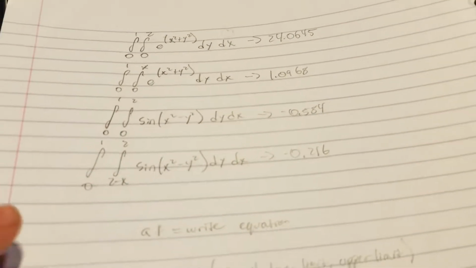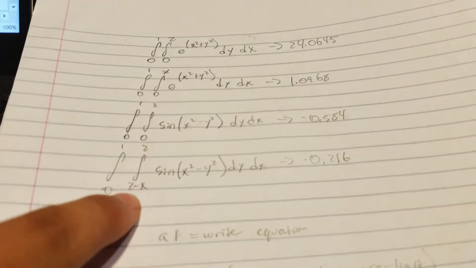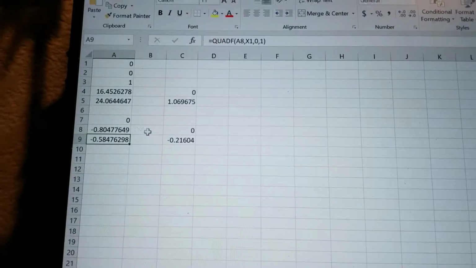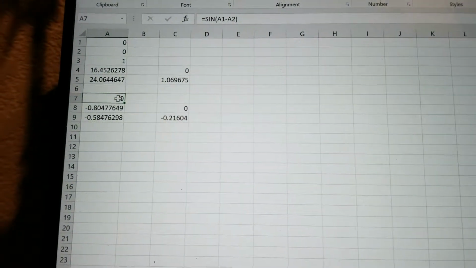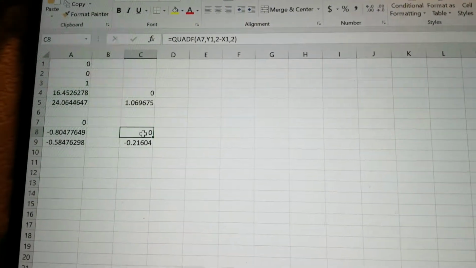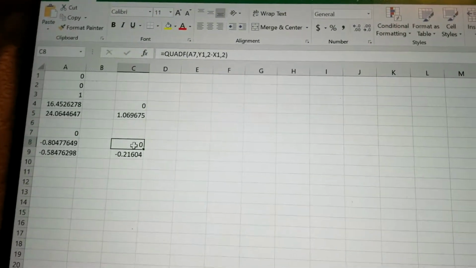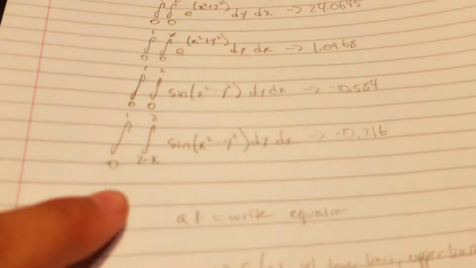And then last but not least, this one, it had the same function, just from 2 minus x to 2 for the y. So I just used A7, which was the function, sine x squared minus y squared. QuadF of that function from 2 minus x to 2 in terms of y. And then for the x range from 0 to 1.